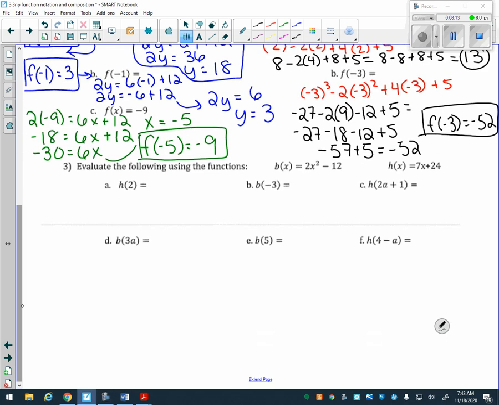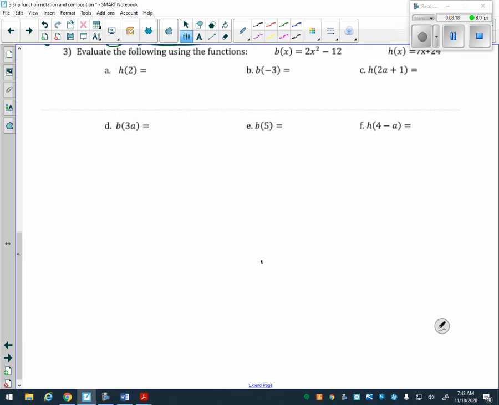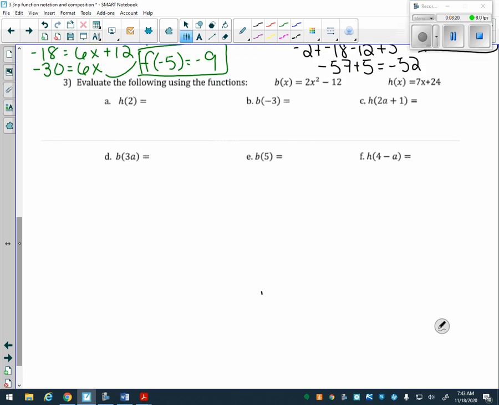Okay. Now in number 3, you are given 2 different equations. So in order to evaluate, you look at what's in front, okay, that's the function name. So in A, it says h of 2. So I'm going to use the h function.